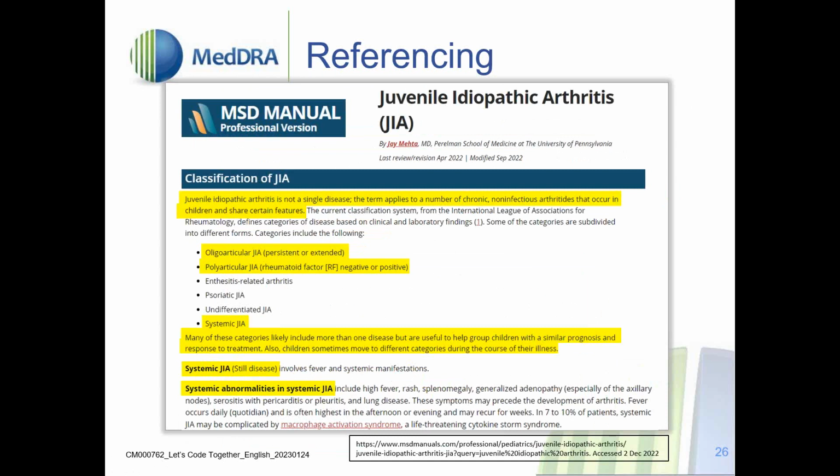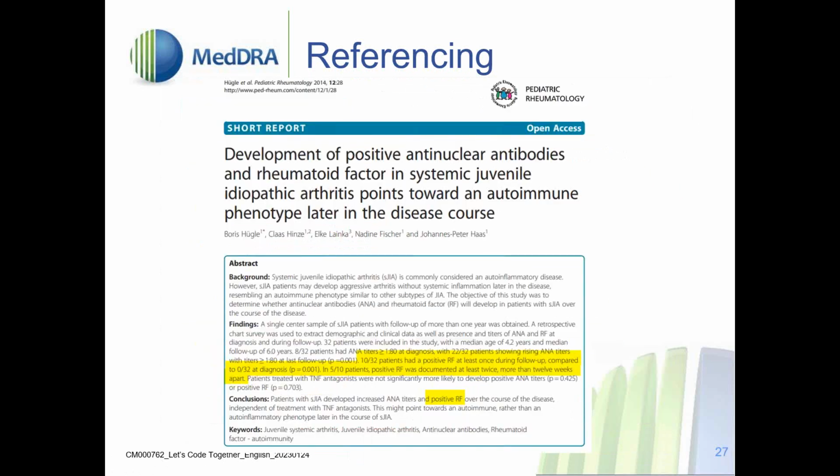So this means that all criteria for the diagnosis of systemic JIA are met in our case. In systemic JIA, lab values suggestive of systemic inflammation, such as elevated erythrocyte sedimentation rate, elevation of the C-reactive protein, along with leukocytosis, anemia, and thrombocytosis, are almost always present at the time of diagnosis.